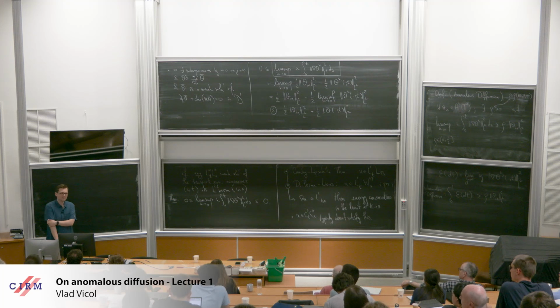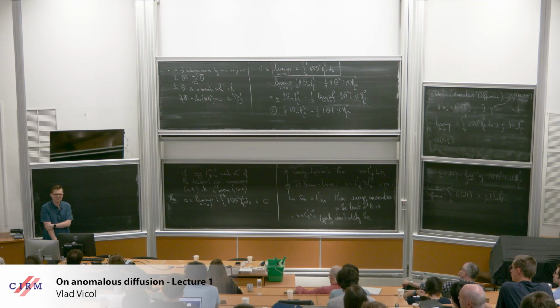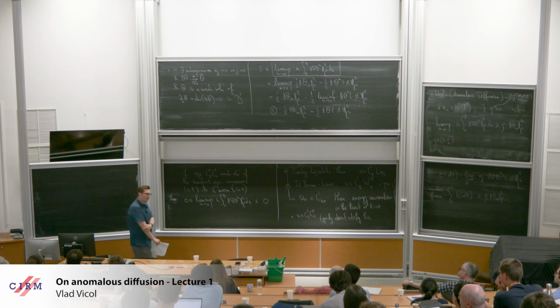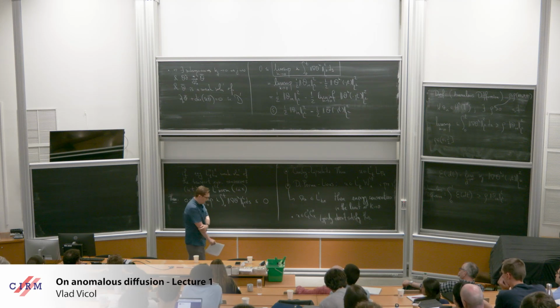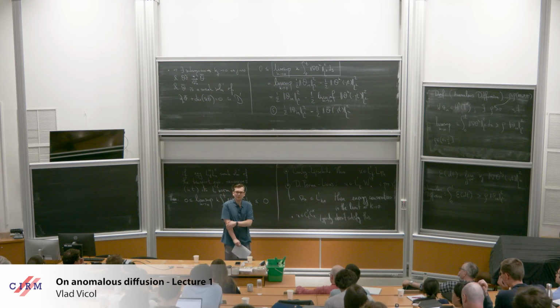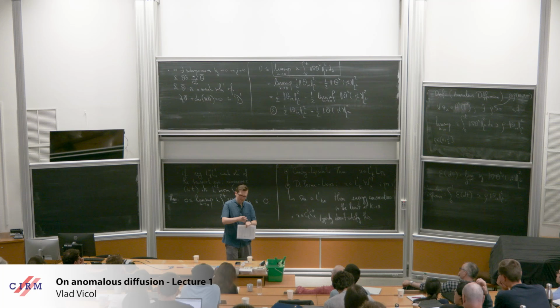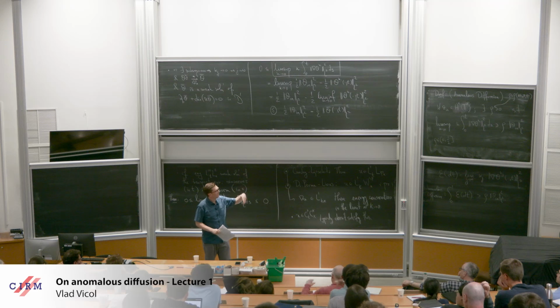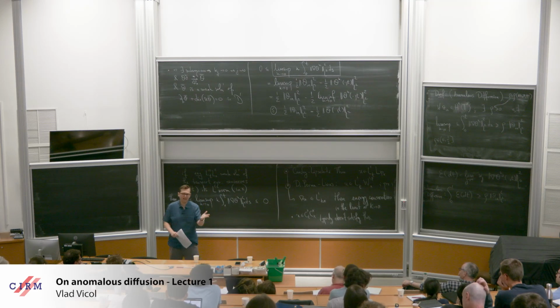So Obukhov and Corrsin, of course, independently, from scaling considerations, à la Kolmogorov, predicted that if the vector field U has some kind of limited regularity and the passive scalar has some kind of regularity that's matching to it, then you cannot have anomalous diffusion. And exactly at the end, you should have anomalous diffusion.